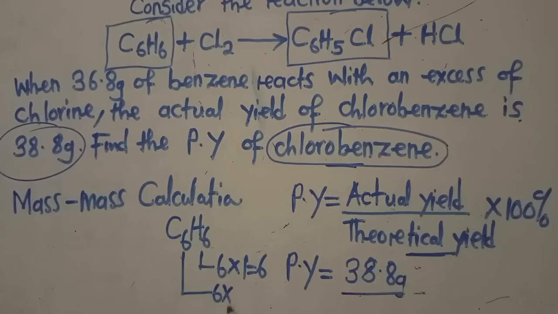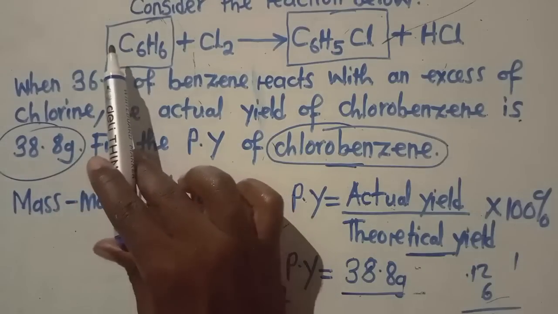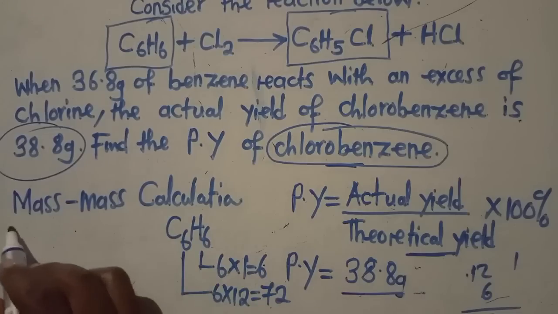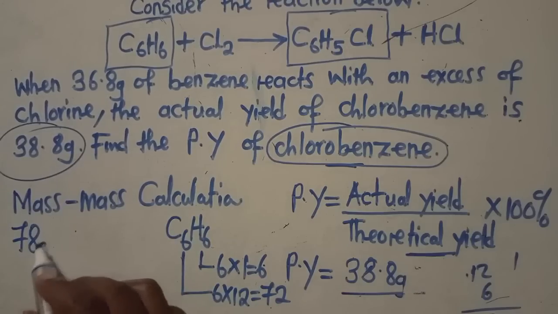This is 6 multiplied by 12, which is 72. When I add, I'm getting 78. There is no number there; if there was a number, I would have multiplied. So that is benzene, 78 grams.